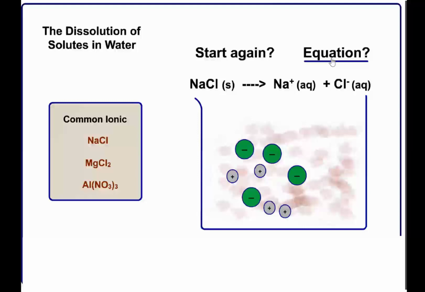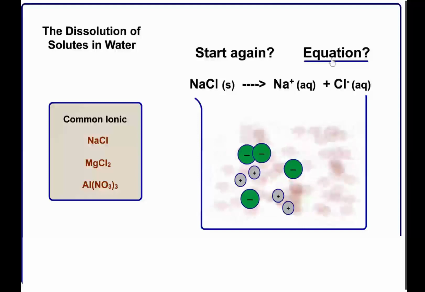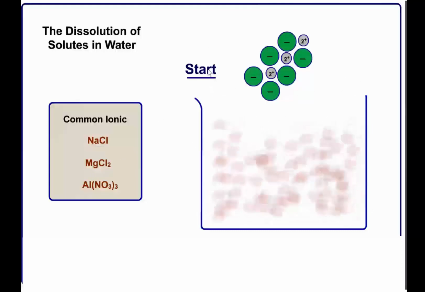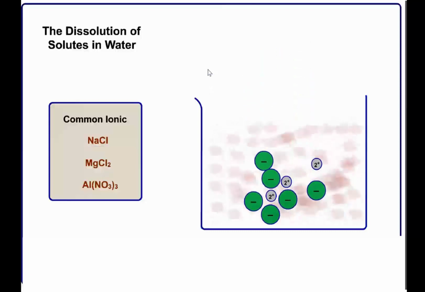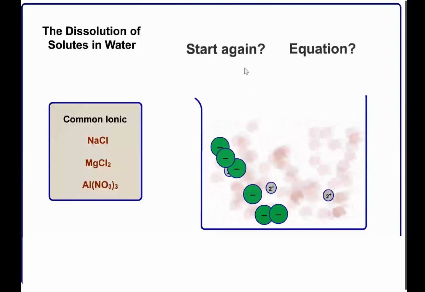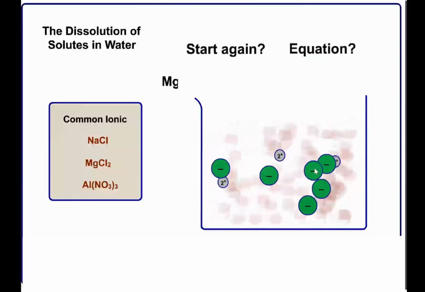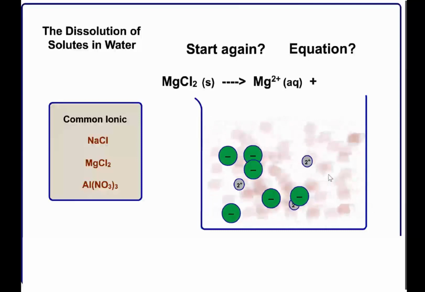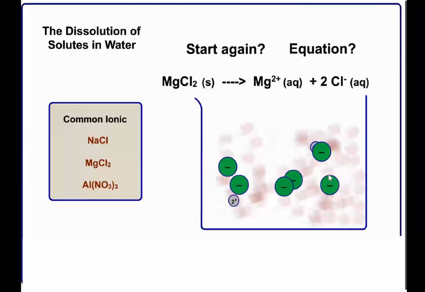Let's look now at what happens when magnesium chloride dissolves. So again, the crystal lattice enters into the water. And one of the things that perhaps you notice is for every 1 magnesium chloride formula unit, there's 1 magnesium ion produced and 2 chloride ions produced.